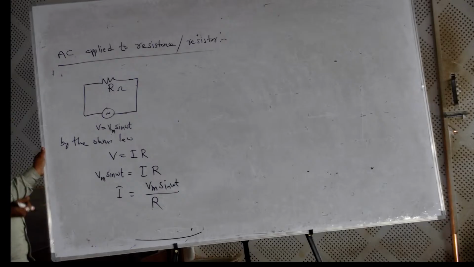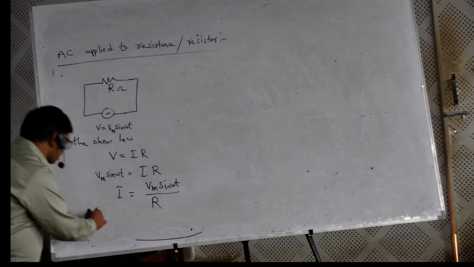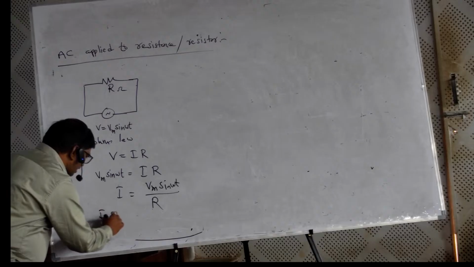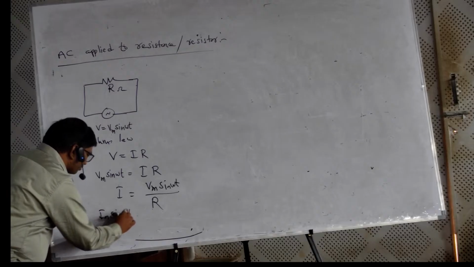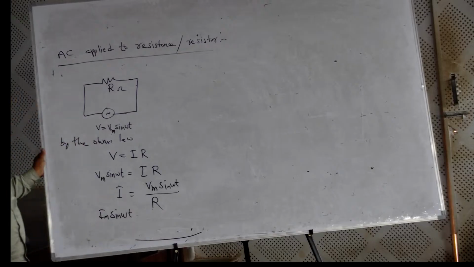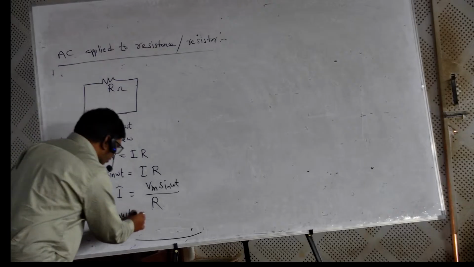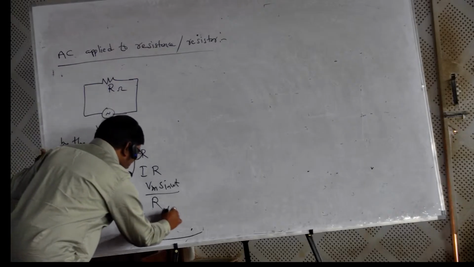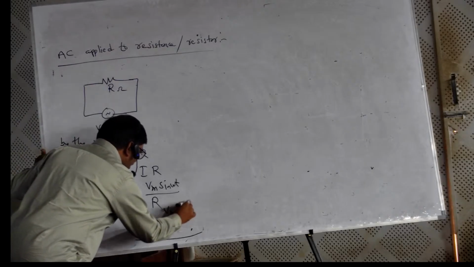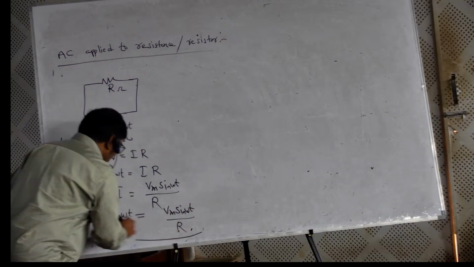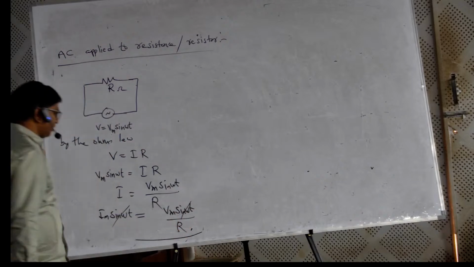What is I with respect to AC? I is equal to Im sin omega t. So Im sin omega t is equal to Vm sin omega t by R. The sin omega t will cancel.